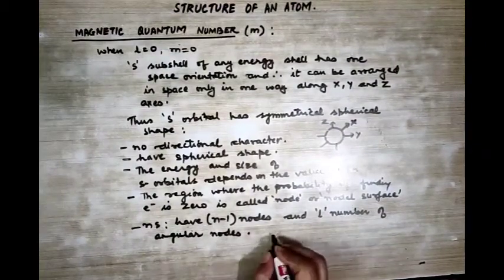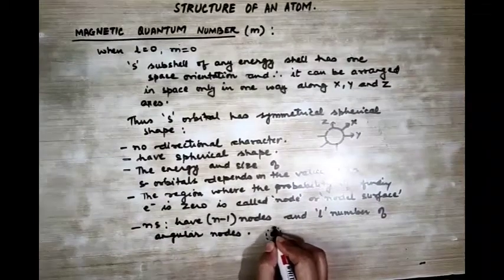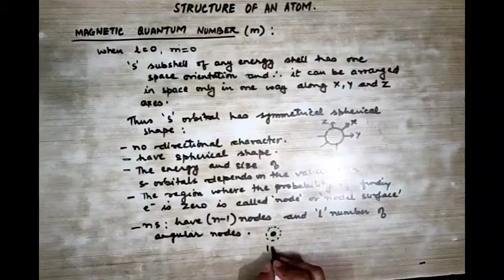So if you want to see, this is a node, this is for 1s.